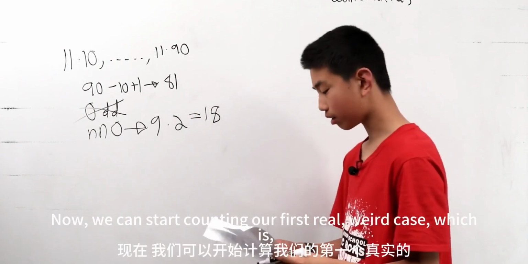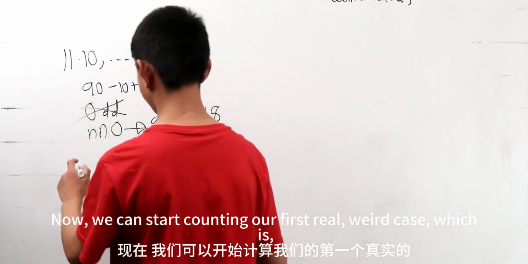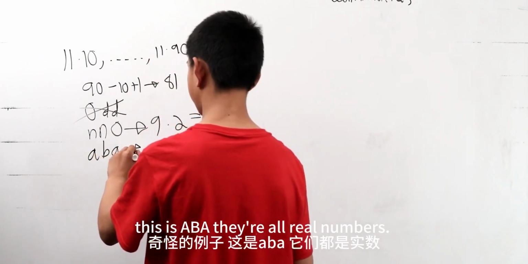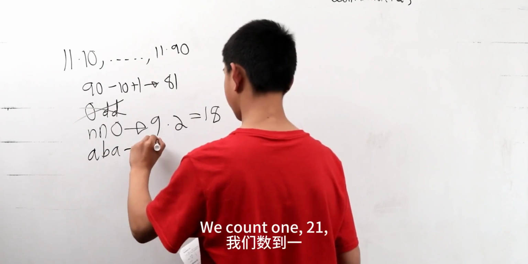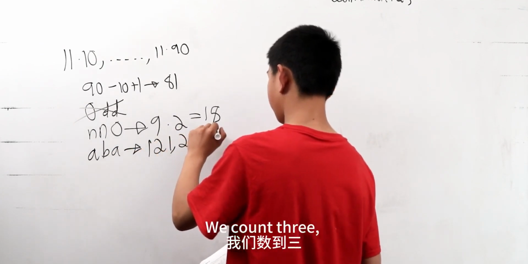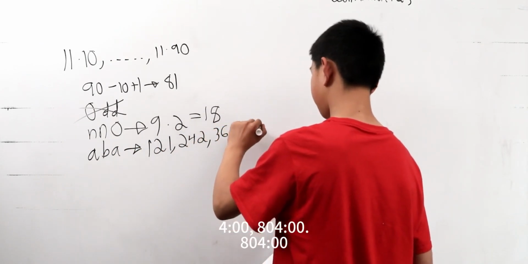Alright, now we can start counting our first real weird case, which is A, B, A. They're all real numbers. We count 121, 242, 363, 484.